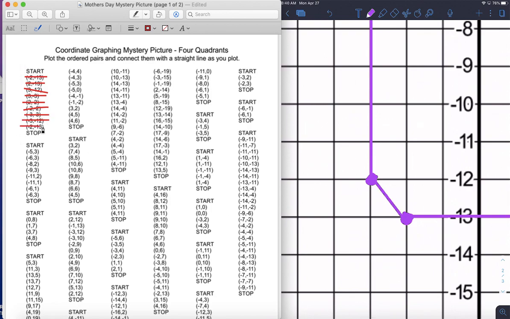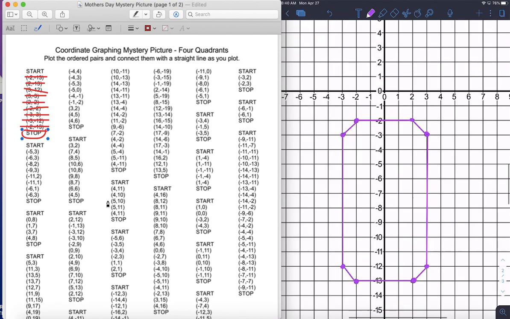So now I have done this whole thing, and if you notice here, it says stop. What that means is that I am not going to connect it to the next coordinate point that I plot. So that -5, 3. So -5, +3.